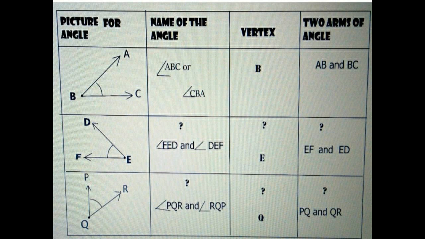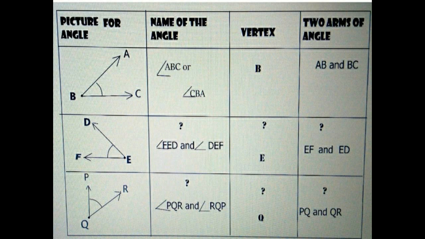Yes, it is B. The two arms of the angle are AB and BC. Come, let's go to the second picture. Angle FED or angle DEF. Which is the vertex? Yes, it is E. The two arms of the angle are EF and ED.